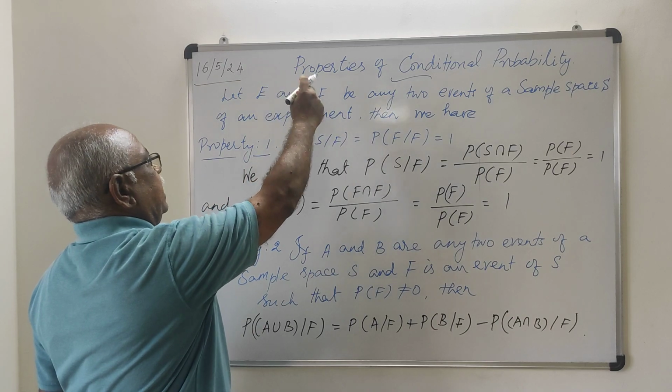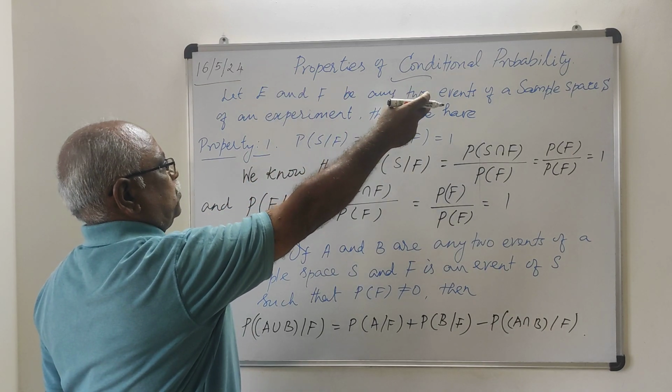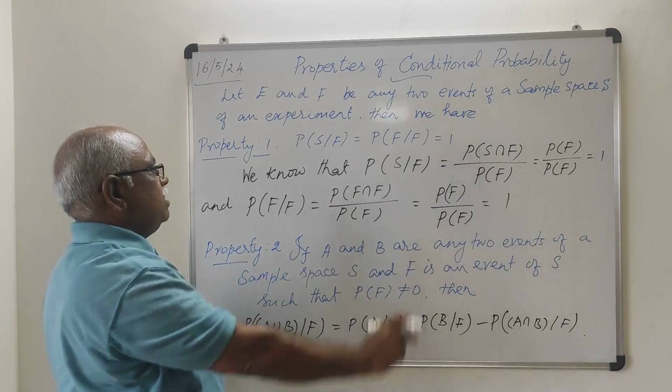Suppose E and F are any two events of a sample space S of an experiment.